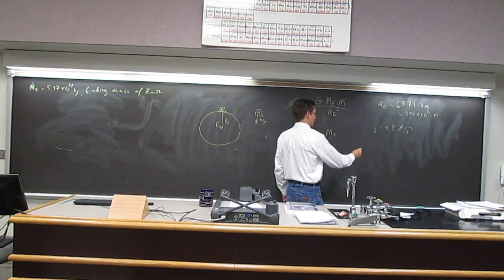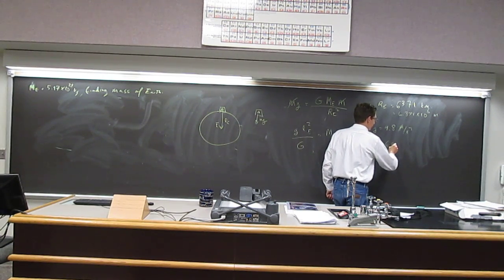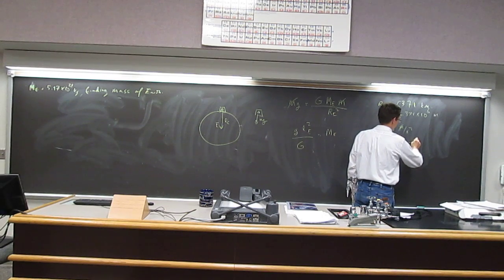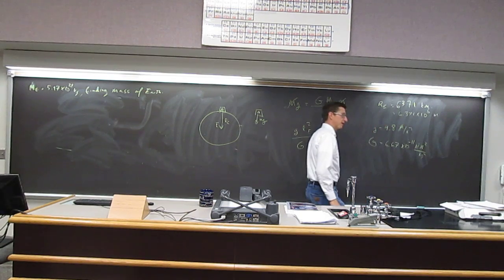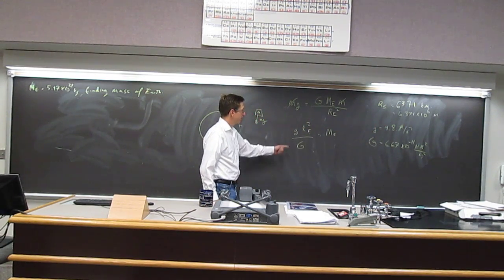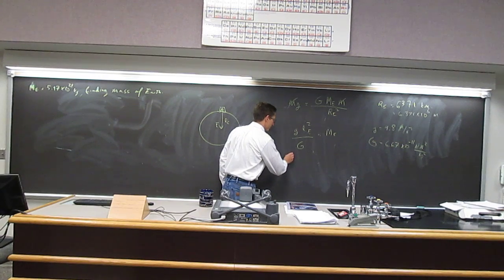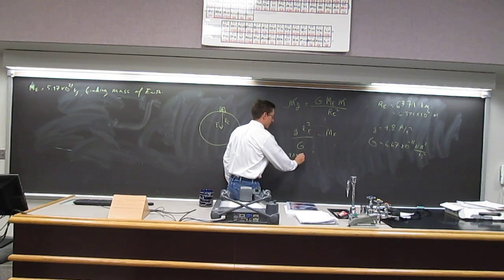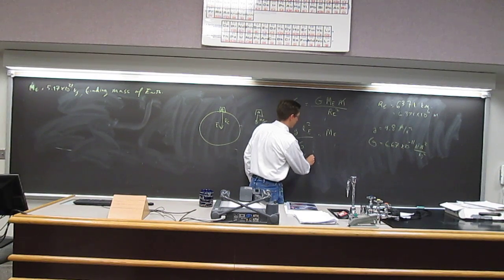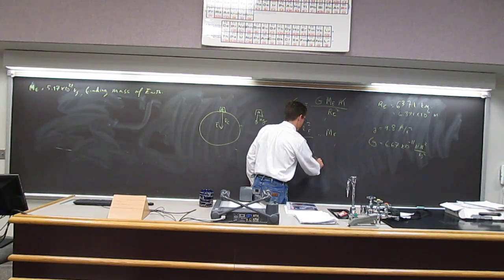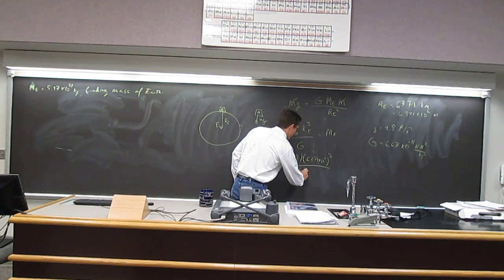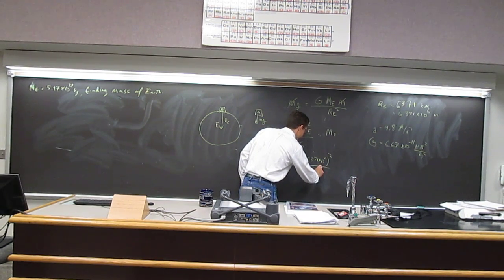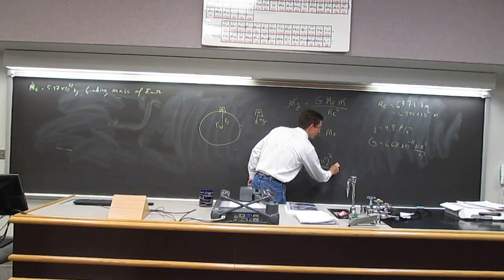Big G was 6.67 times 10 to the minus 11 meters squared per kilogram squared, and we just substitute it. Times 6.371 times 10 to the 6th squared over G. I know that the units will be in kilograms.